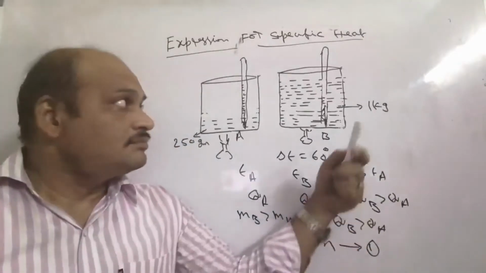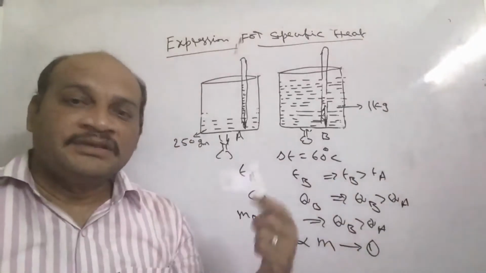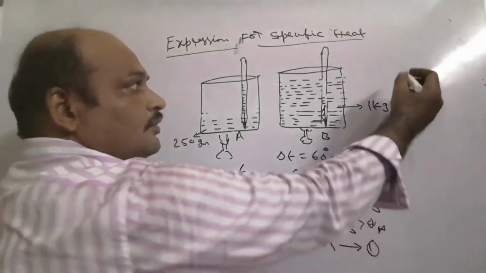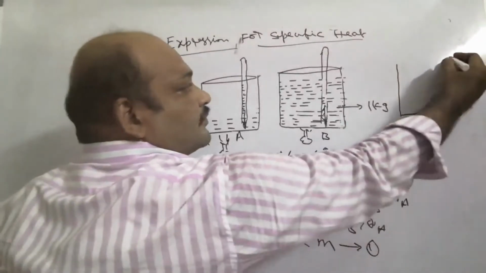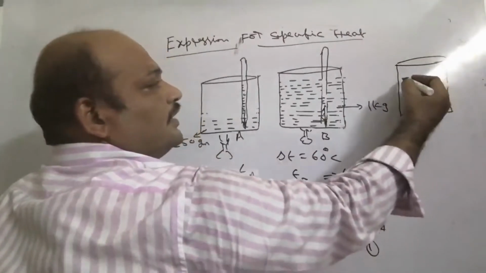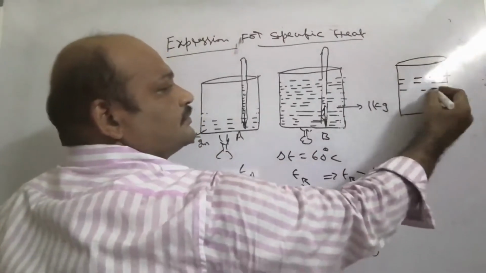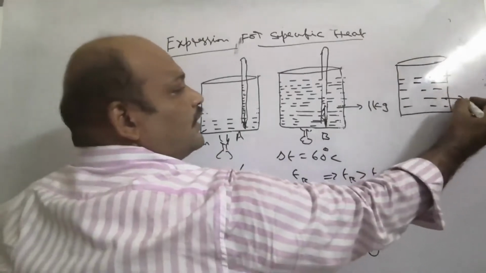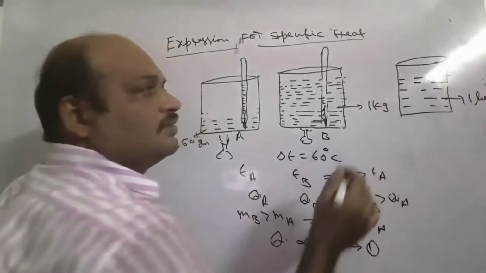Now we are doing another activity. A simple thing: we take one vessel or one beaker, and in this beaker we take 1 liter of water.